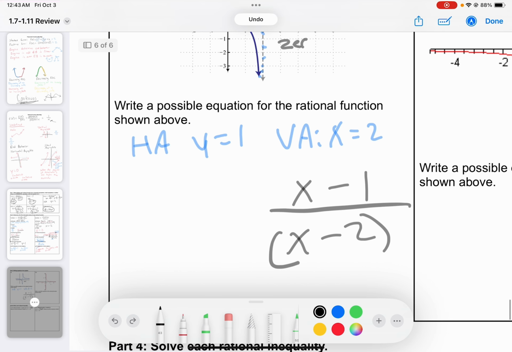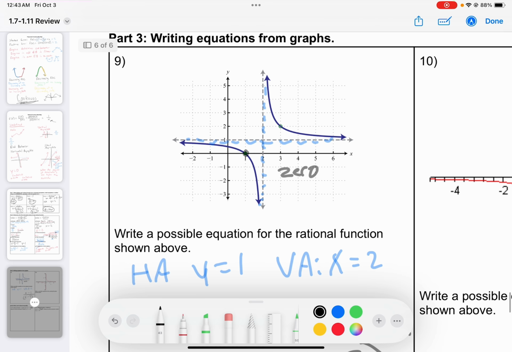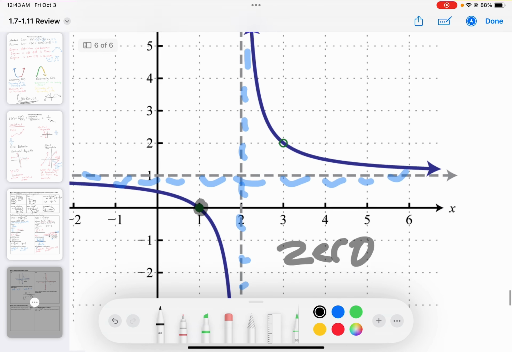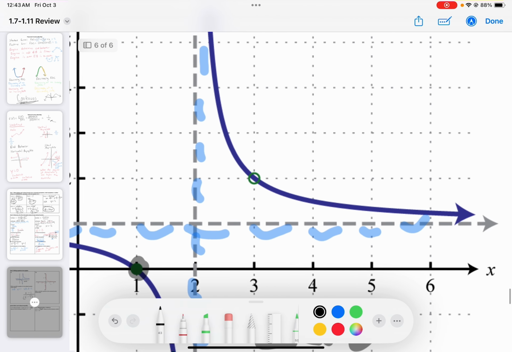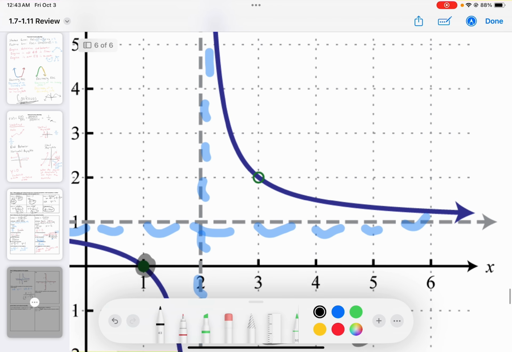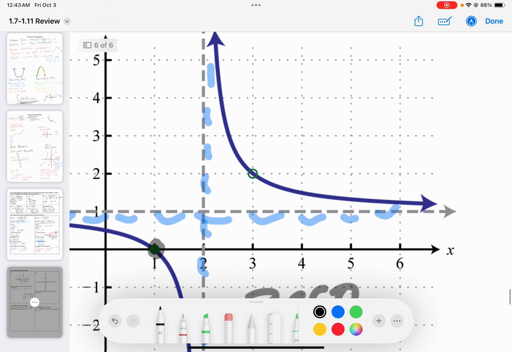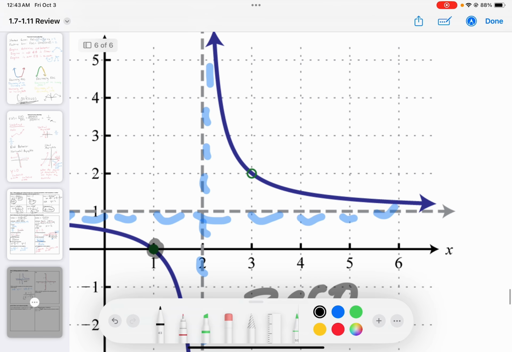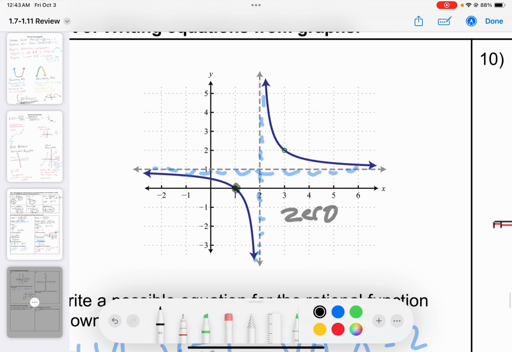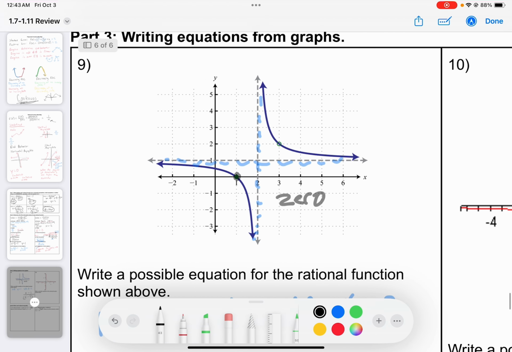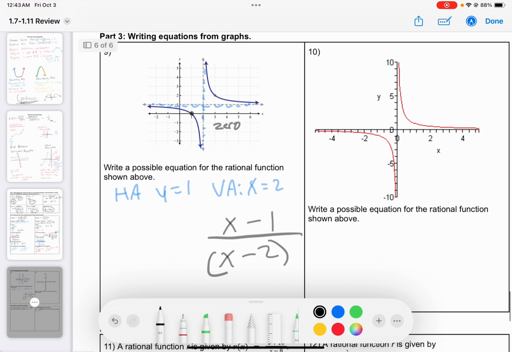So this is actually the equation, x minus 1 over x minus 2. That's the exact equation. I'm quite sure. Oh, no, look. I'm zooming in a little bit more. No, that's not a hole there. Is that a hole? I don't think so. I don't know what they're going for with that.